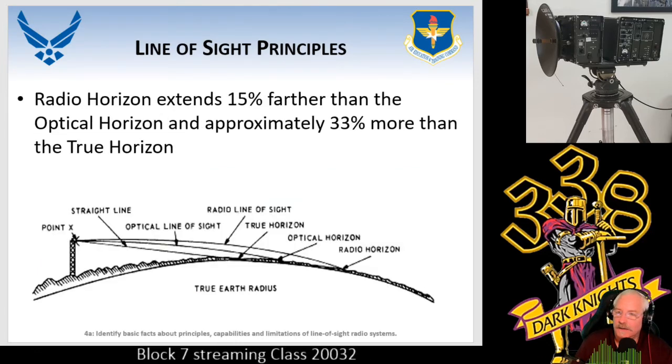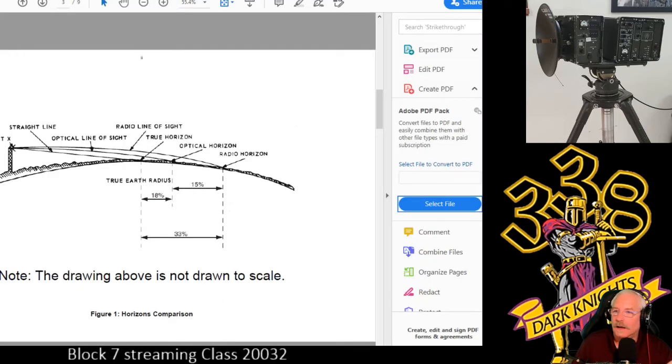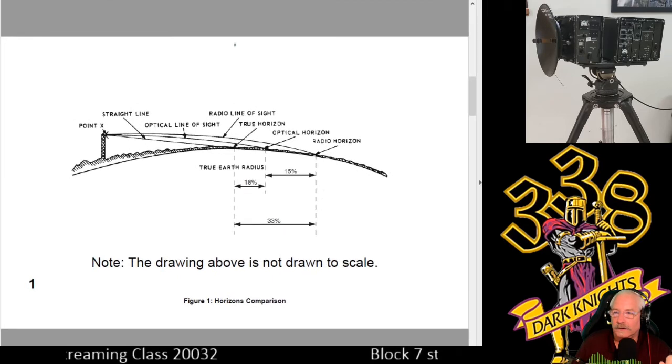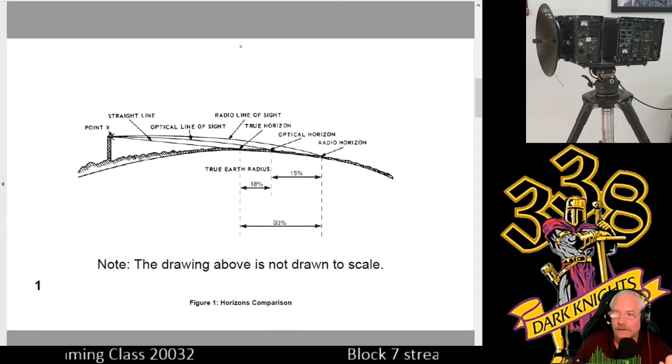So that's what we are looking at now. Let's look at line of sight principles. This is page 1 of your C's and D's. This is a better drawing, but you can see where we have the true horizon compared to optical horizon.